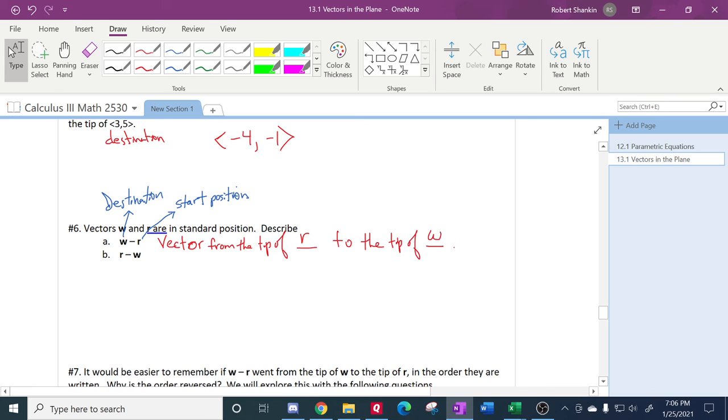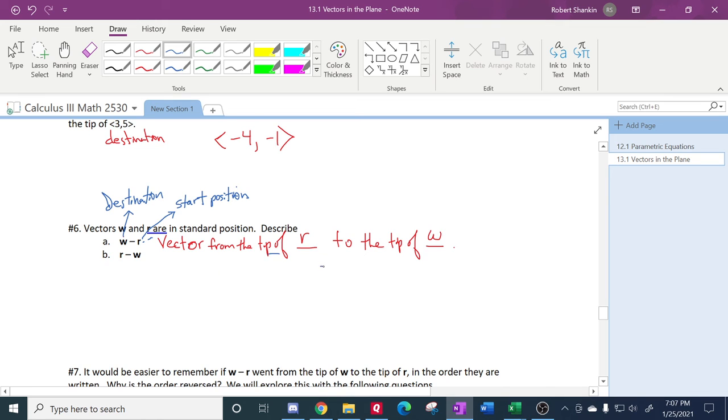We always take the final position minus the start to find the change. So R is the start position, so it makes sense now: the vector from the start to the destination. We have to reverse these two when we're doing this.